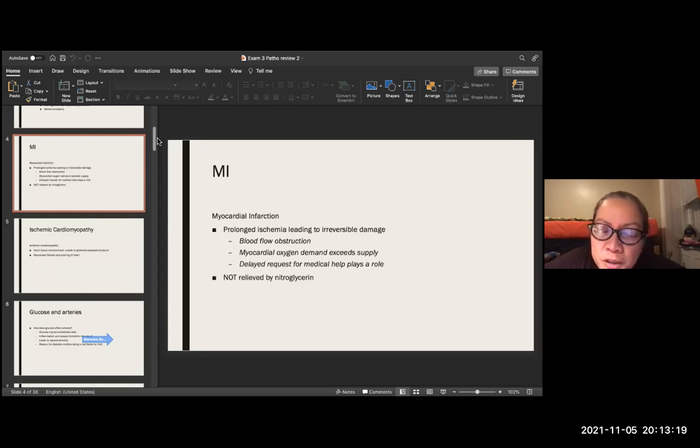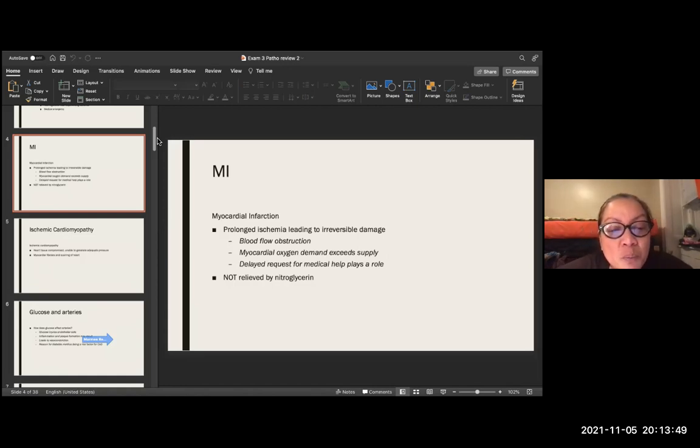Another word for tiny stroke is TIA, transient ischemic attack. It's a little stroke, mini stroke. Like I'm talking to you, Monse, and I'm having mini stroke, but you don't see it. But then my heart is having mini stroke, mini ischemia. So after a while, it's gone. It's still reversible. Reversible meaning it's going back to normal, right? And irreversible meaning it's not going back to normal. It's damage for good. You understand, right?